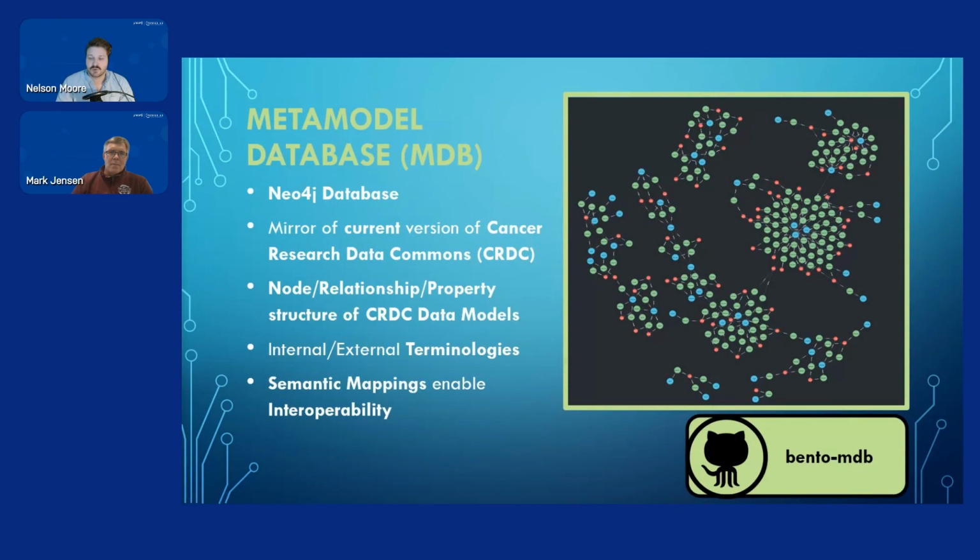So first, I'll just give some quick background on the MDB and the Cancer Research Data Commons, or CRDC. The NCI CRDC is a rapidly growing cloud-based data science infrastructure that connects cancer data sets of various types with analytics tools to drive scientific discovery for cancer research.